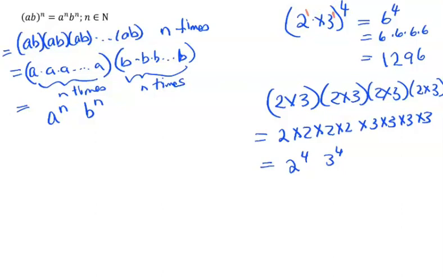And so in this case we say 4 times 1 and 3 times 1, and we get the answer that we have here, 2 to the 4, 3 to the 4. So in the case where we have different bases, we just distribute the exponent over the different bases.